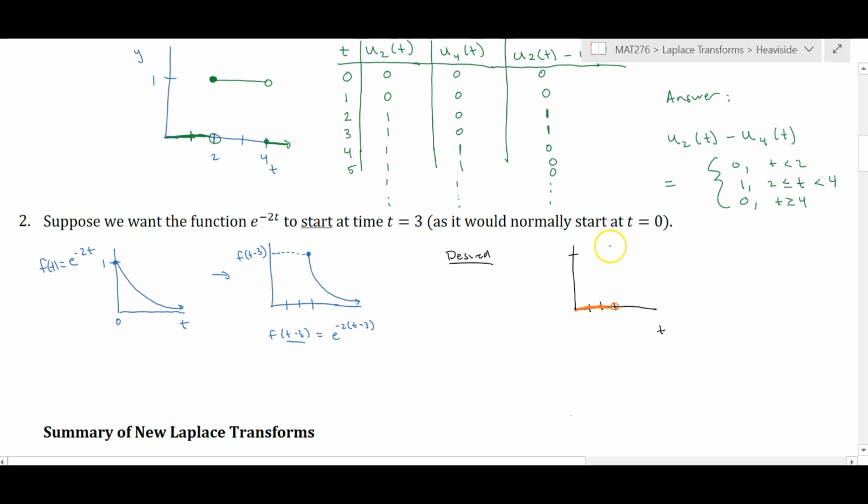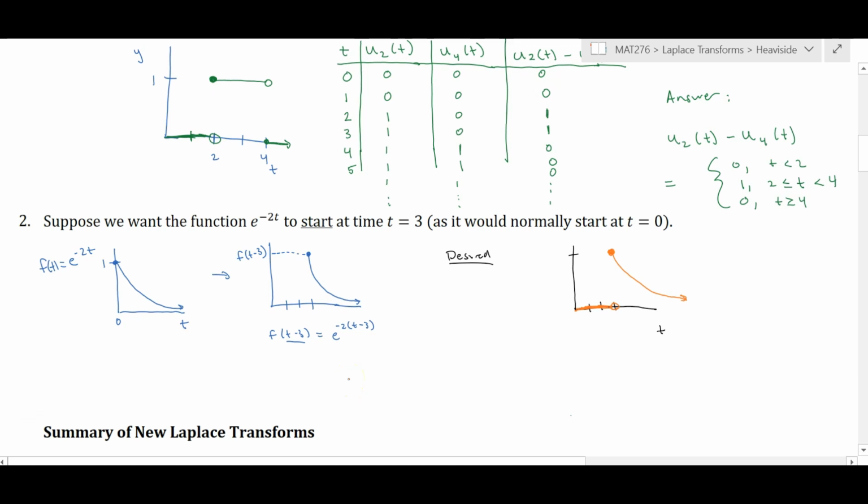And then at time 3, I want this exponential function to activate. And then as time goes on, of course, this thing decays. So the Heaviside function will go from 0 to 1, but the exponential function needs to go from 0 to this function e to the negative 2 times t minus 3.